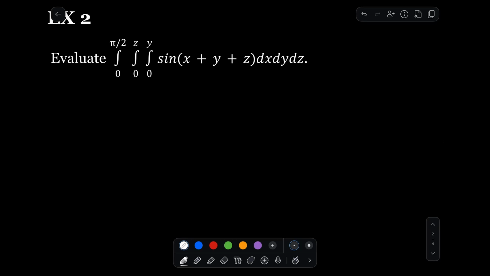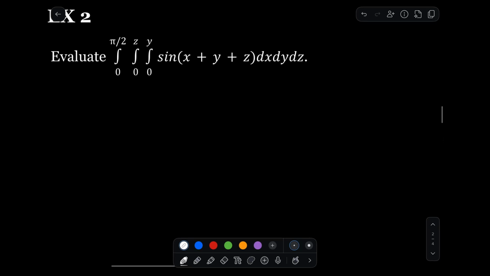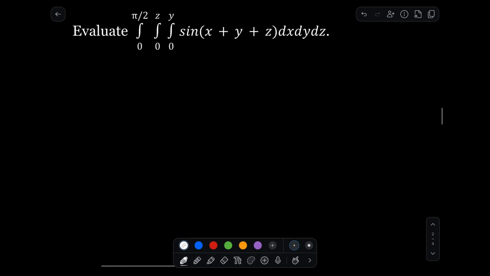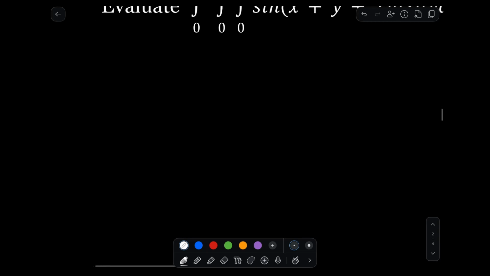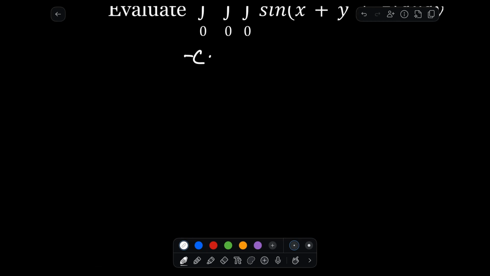So we're integrating with respect to x first, so we would have to flip the order. We'd have to take the antiderivative of that, which is, antiderivative of sine is negative cosine. So then it would be negative cosine of x plus y plus z. Actually, let's write this in red. I feel like red pops out to me more.